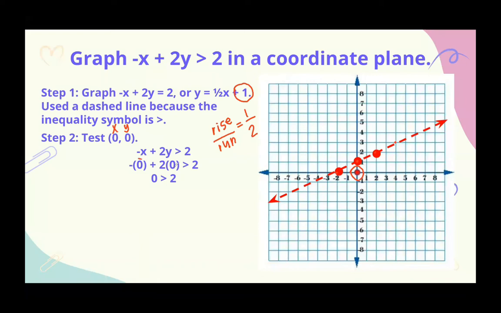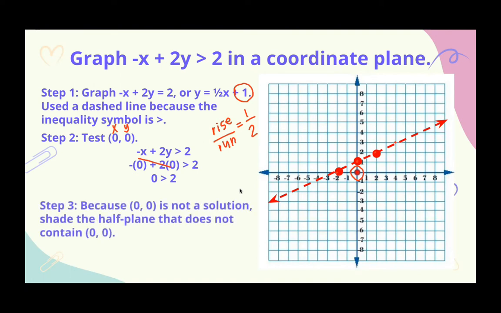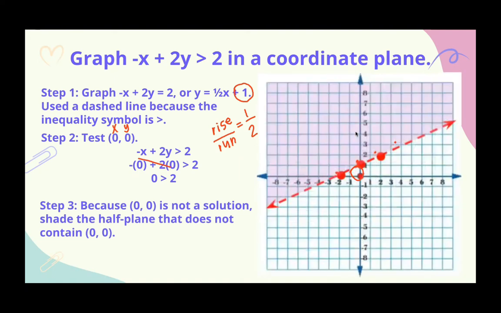All of this just cancels out to be 0, and your final inequality is 0 is greater than 2. We know that 0 is not greater than 2, so our inequality is not true. And because 0, 0 is not a solution, you're going to shade the half plane that does not contain 0, 0. So in this case, the area that is above the line. And this is how your graph will look.